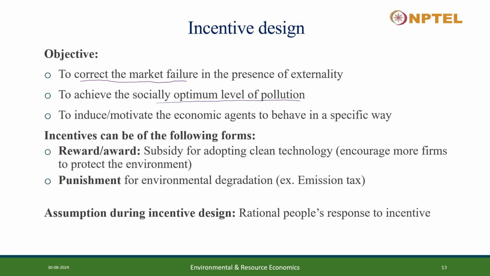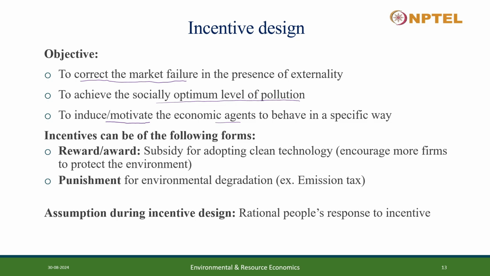So the level of pollution cannot be zero. However, the optimum level of pollution needs to be achieved so as to get optimality in the society. So the social welfare needs to be maximized. The third part is that incentives are designed in such a way that we induce or motivate the economic agents to behave in a specific way.